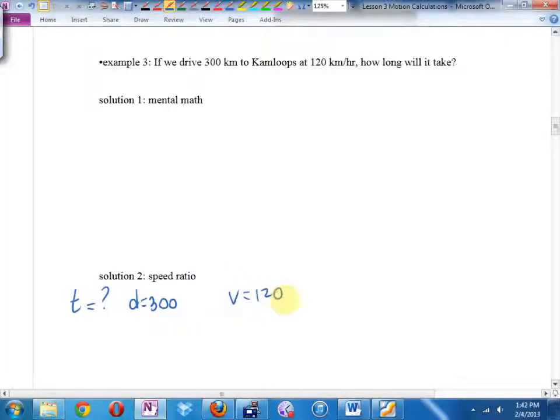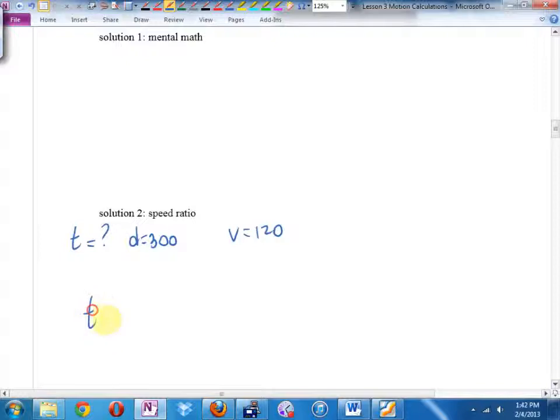I want the equation that has d, v, and t in it, and preferably with the t by itself. I'm going to again go t equals d divided by v. 300 divided by 120. I'm going to say maybe this one you need a calculator for. What is 300 divided by 120? 2.5 exactly even? Oh, nice.